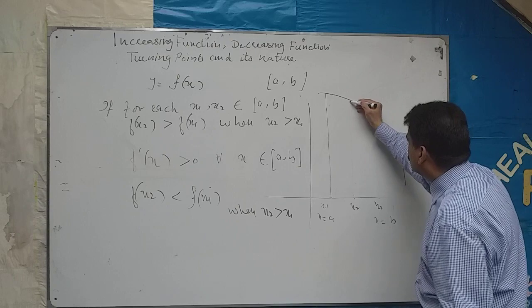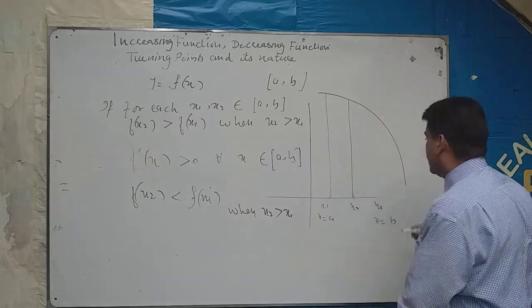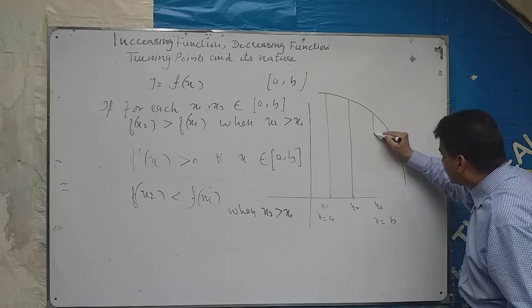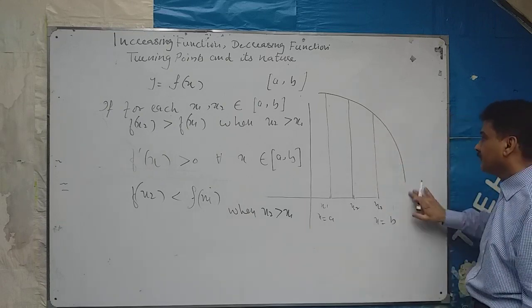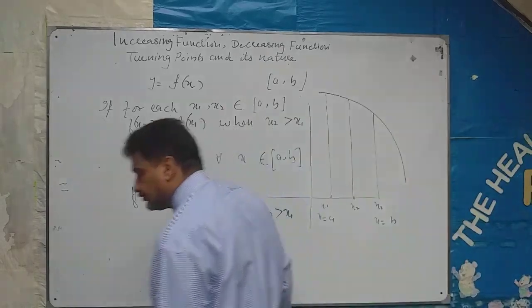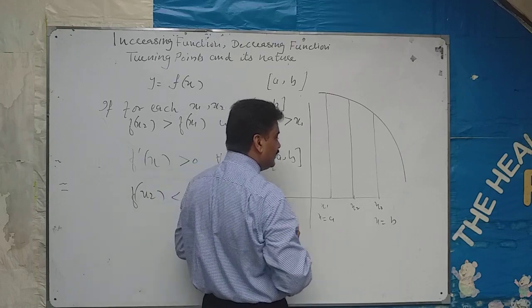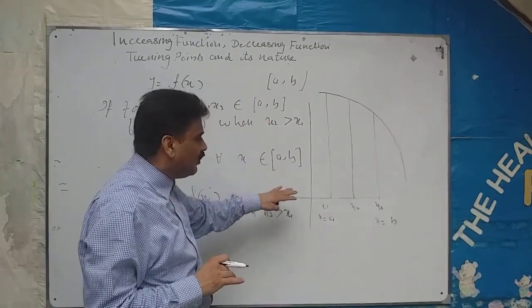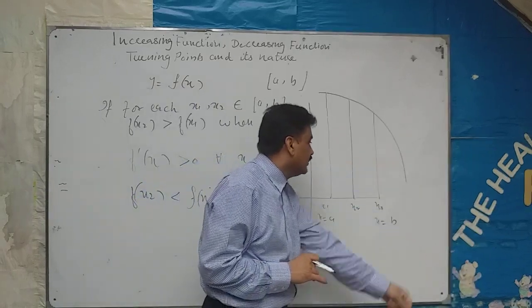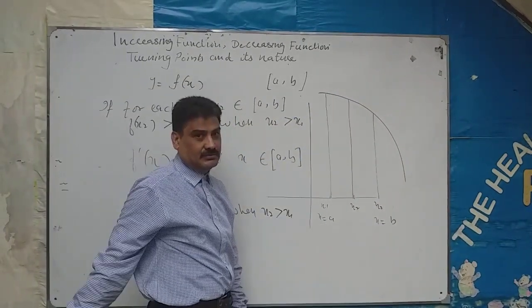This is x2, and we take another point x3 and its ordinate as shown in the figure. It is clear from the figure, as we move toward the right of the x-axis, I mean to say when we move from a smaller value of x to a greater value of x, the value of y continuously decreases.